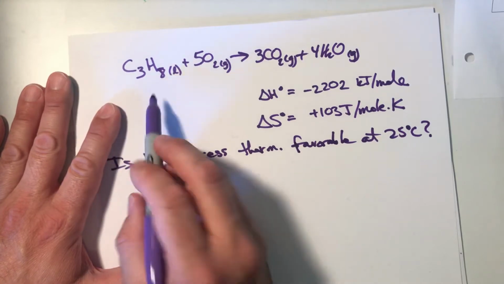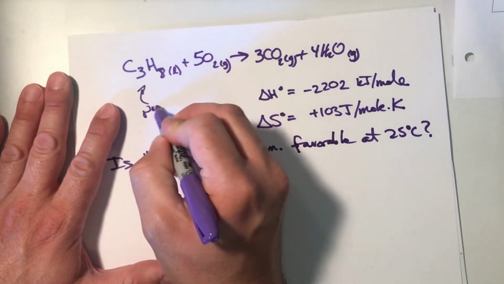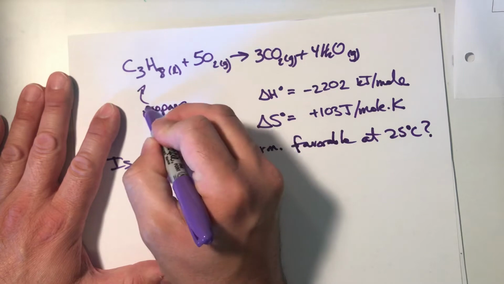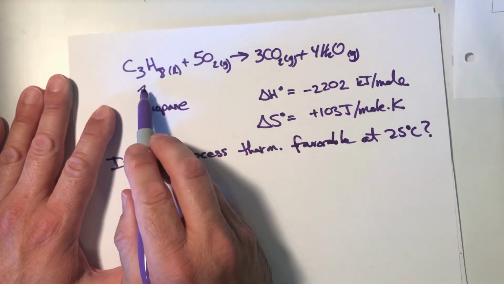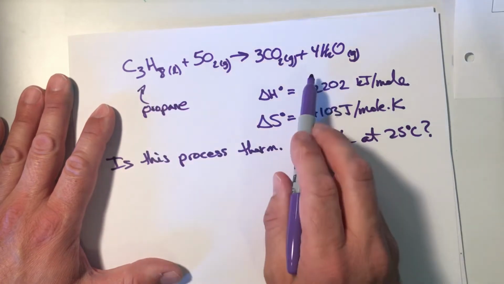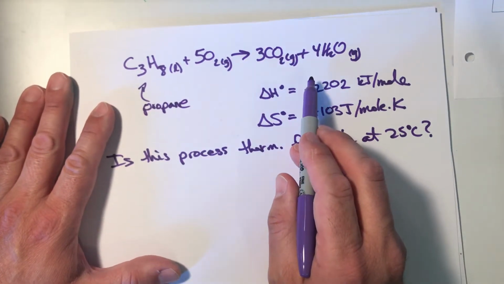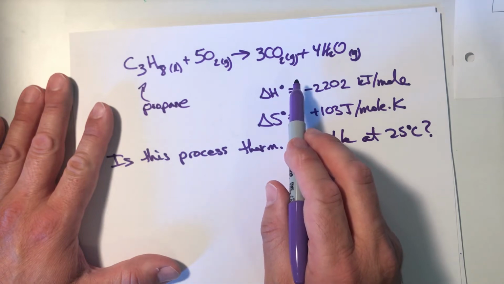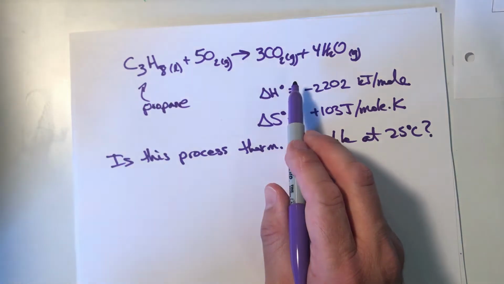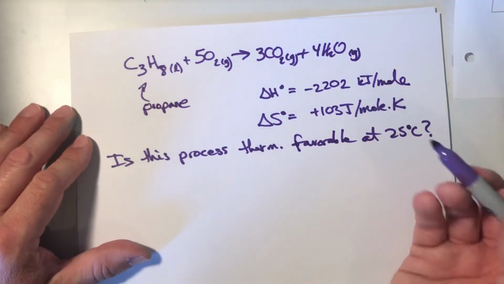We're taking propane and we are reacting it with oxygen. Remember, that's just burning or combustion. You know for a fact that if you light some propane on fire, it will continue on without additional outside intervention. So you know just from your personal experience, at least I hope, that propane burning is going to be thermodynamically favorable. So we should get a negative delta G out of this, but let's see.